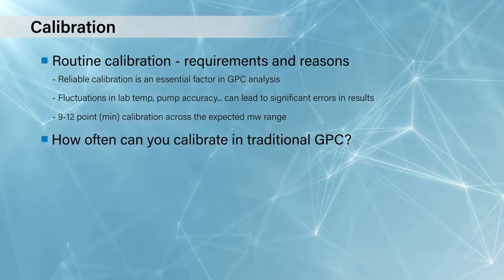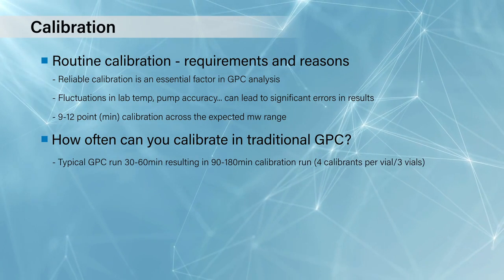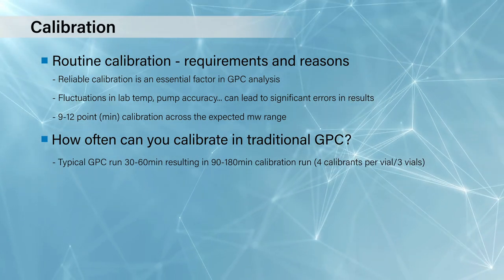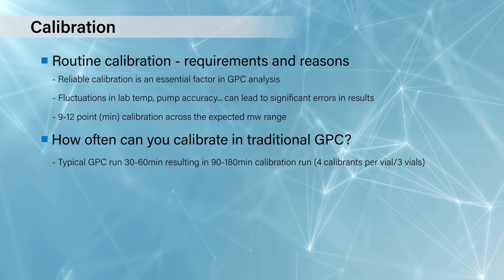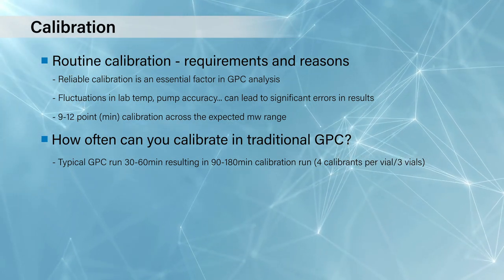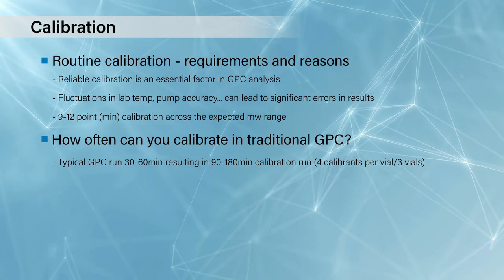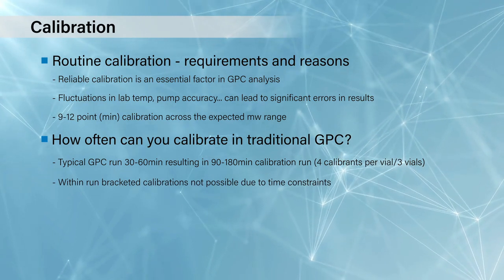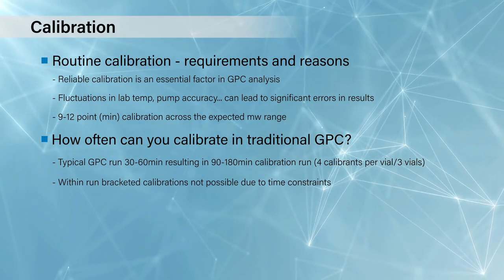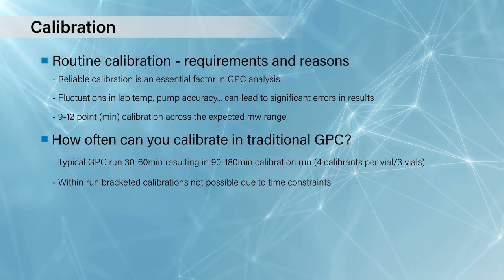If you think about traditional GPC runtime, it's between 30 and 60 minutes. And if you have sets of calibrants where you have normally 4 per vial, so this is the optimal situation, that's still 3 vials. So you can be looking at a few hours to perform a calibration. And so people don't tend to run bracketed calibrations. In fact, they don't tend to run that regular calibrations due to the time constraints.